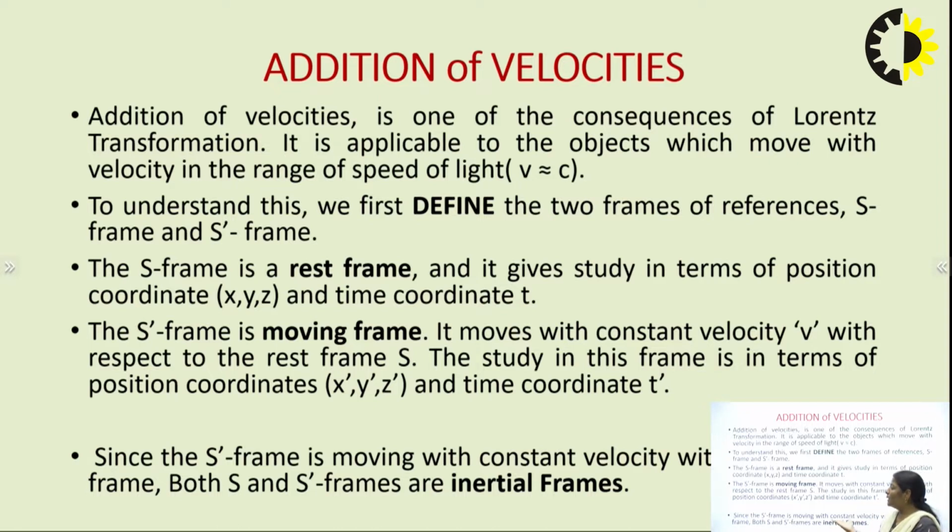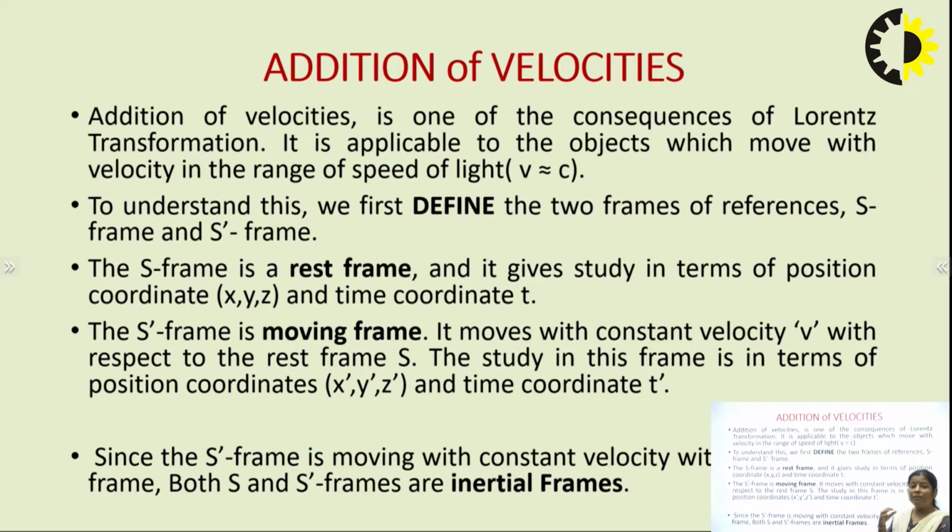All right. So, now we relate the S dash frame and the S frame. Although we have already given the information that S dash is moving with constant velocity with respect to the S frame, we must understand what will happen with this constant velocity. The moment we say that the S dash frame is moving with constant velocity with respect to the S frame, it tells us that both the S and the S dash frames are inertial.